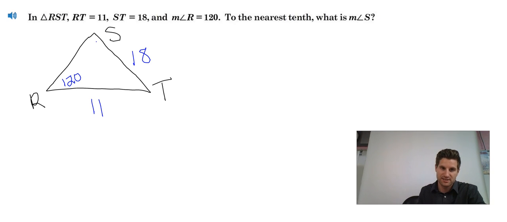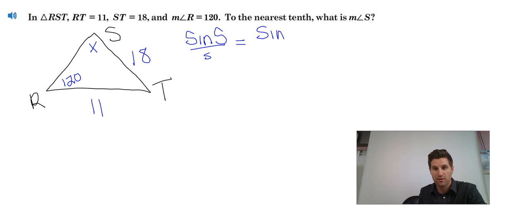What is S? Okay, do you see how we have the opposites, right? Angle S and side S. Angle R and side R. So we can use our law of sines. So I'm going to go ahead and write it out as the sine of S over baby S should equal the sine of R over baby R. Okay?